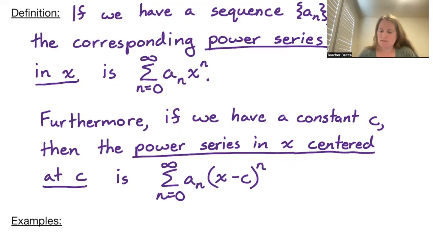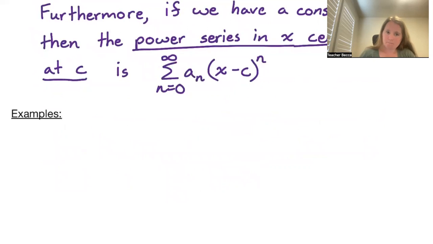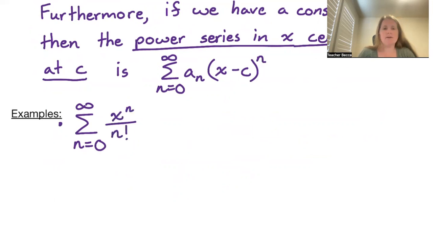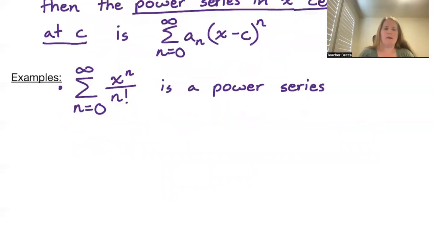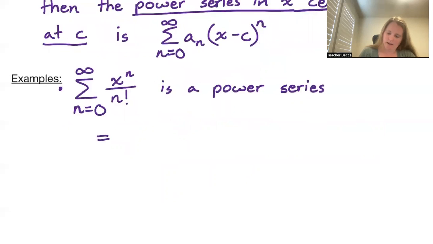Some quick examples of basic power series. The sum from n equals 0 to infinity of x to the n over n factorial is a power series. For n equals 0, we would have x to the 0th, which we deem to be 1.